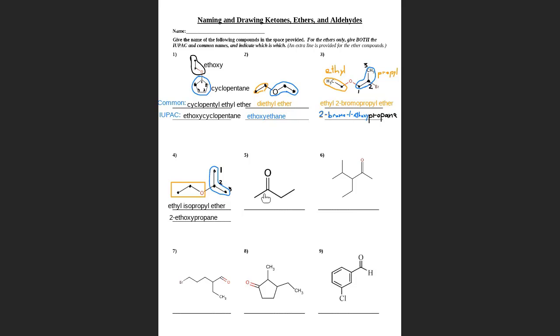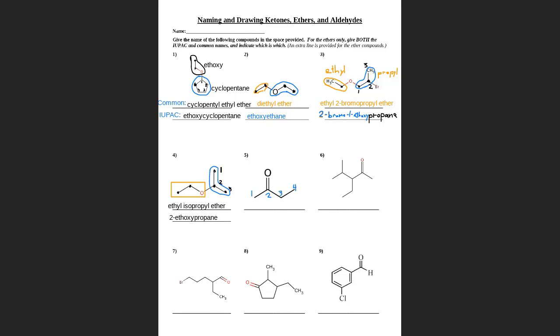So in this case, for number 5, is that an aldehyde or a ketone? Ketone. It is a ketone. And since it's a ketone, I'm going to start numbering from the side closest to the ketone group. This will be 1, 2, 3, 4, 4 carbons in the chain.